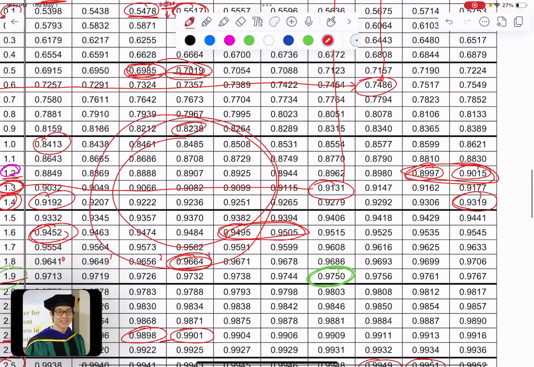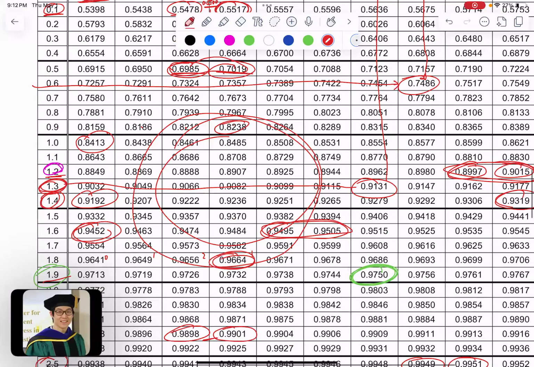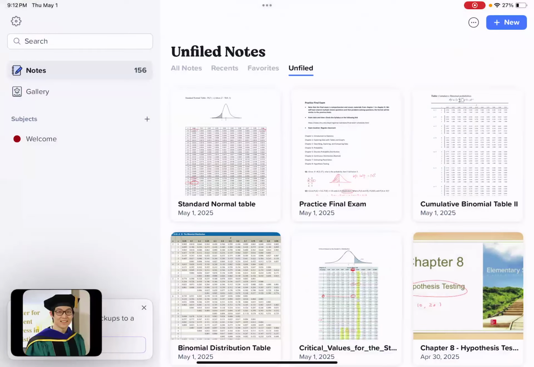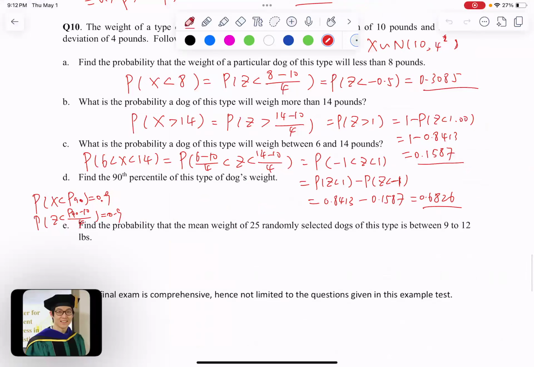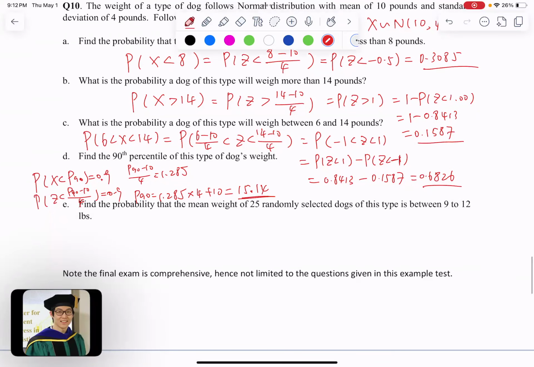So that's 1.285. So what is 1.285? P90 minus 10 over 4, right? So P90 is 1.285 times 4 plus 10. So that is 15.14. That's the 90th percentile.